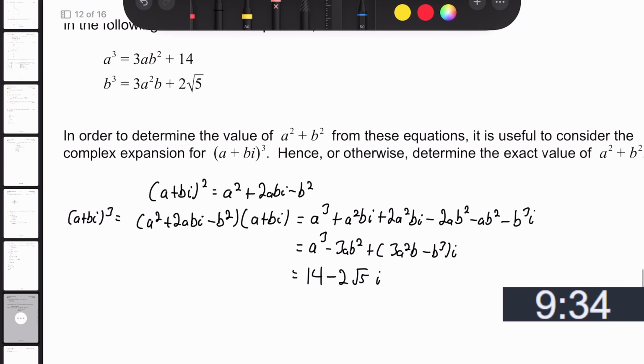So a to the power of 3, so this complex number expands to this.